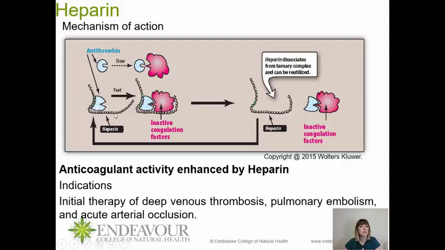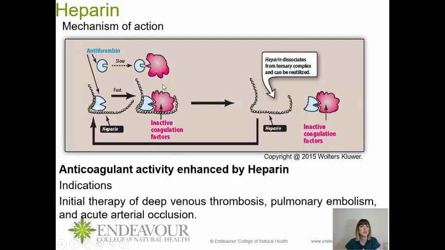If you administer a lot of heparin though, this process happens much more quickly. You reinforce this association between the antithrombin enzyme and active clotting factors, making them into inactive clotting factors. That inactivation occurs, and then the heparin itself can be then freed to go and do this for another clotting factor.